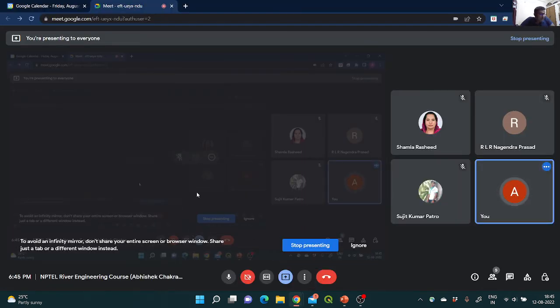Someone posted that the assignment options are incorrect. So I also found some minor faults in the assignments. For assignment number 3, question number 8 needs a minor correction. The Froude number is actually a dimensionless quantity, and in that assignment, all the options for Froude numbers are with the unit meter.